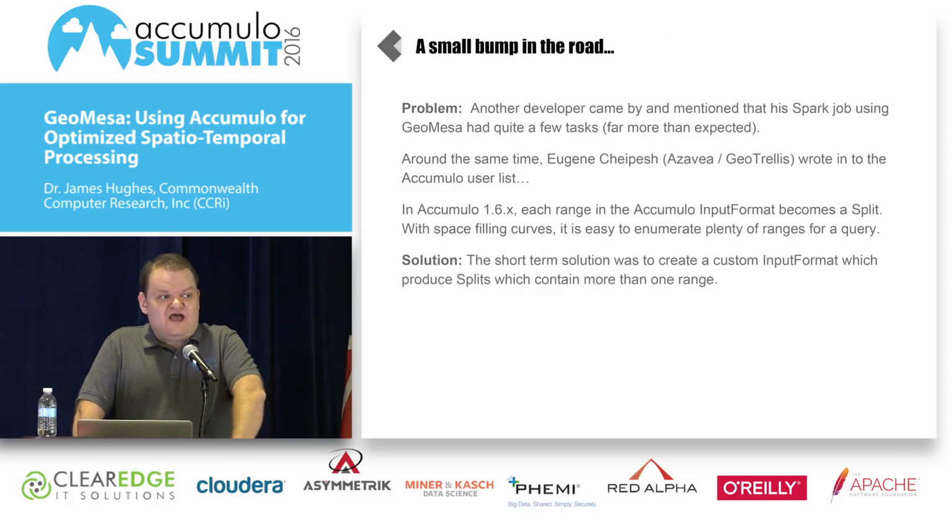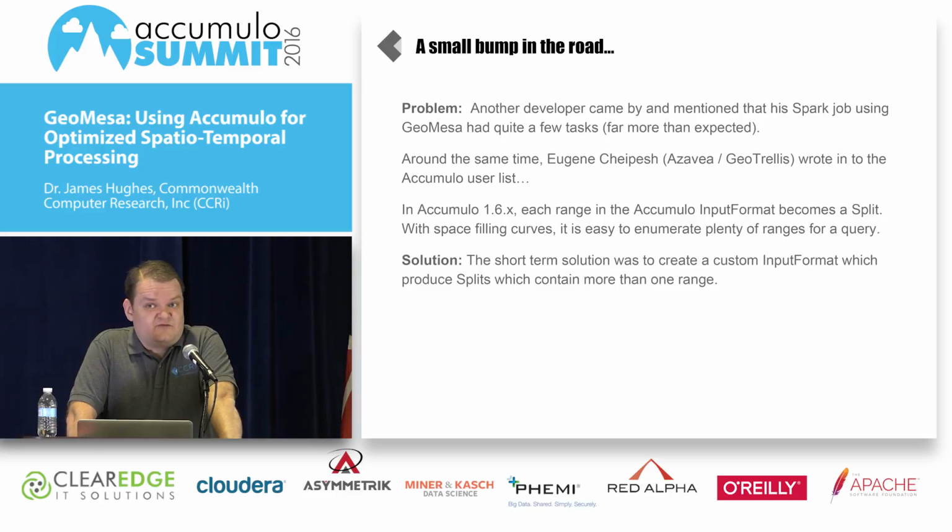Okay, so as a small note that came up along the way, a developer came by one day, he had written a Spark job, and he said, why does my Spark job have thousands of tasks in it? And some of the guys who work on GeoTrellis, Eugene, wrote into the user list about the same time and said, hey, I'm seeing thousands of tasks in my Spark job.